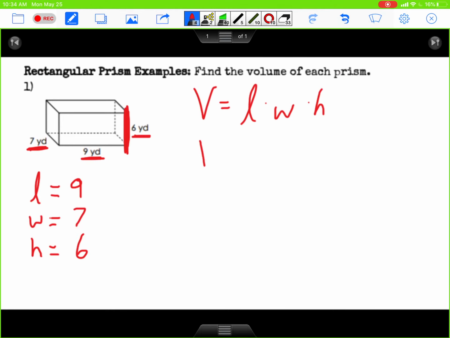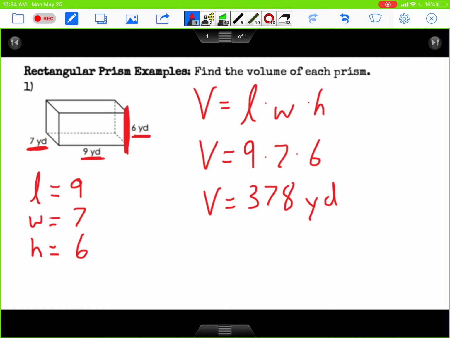And then you substitute those numbers in. So volume equals 9 times 7 times 6. And you get the volume equals 378 yards. Now this is where it's going to be different.